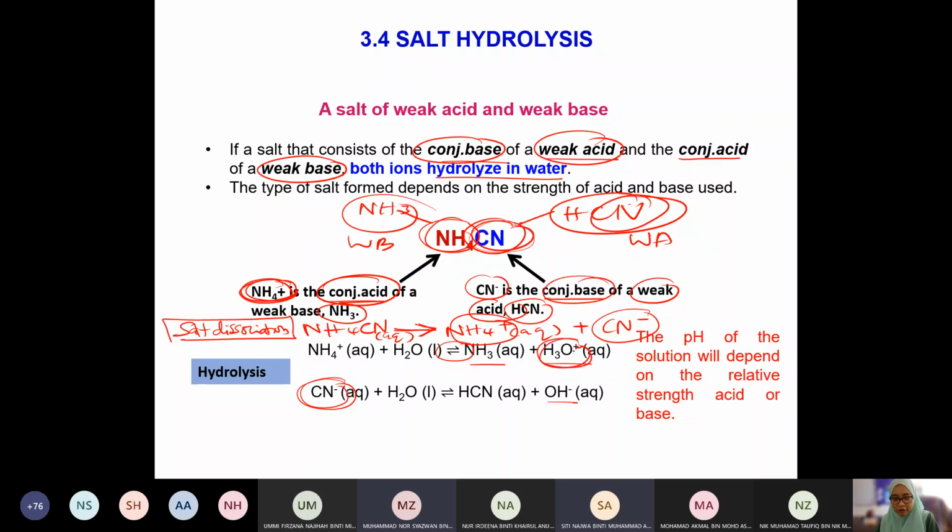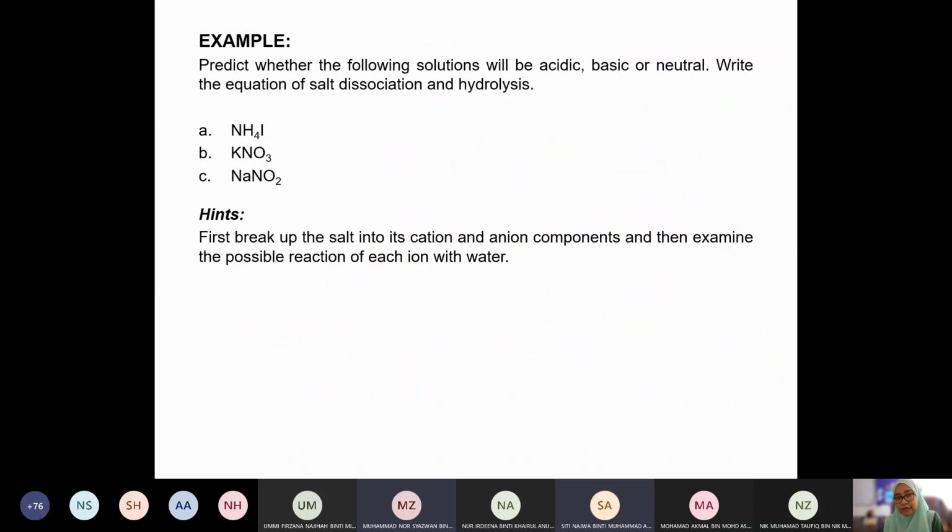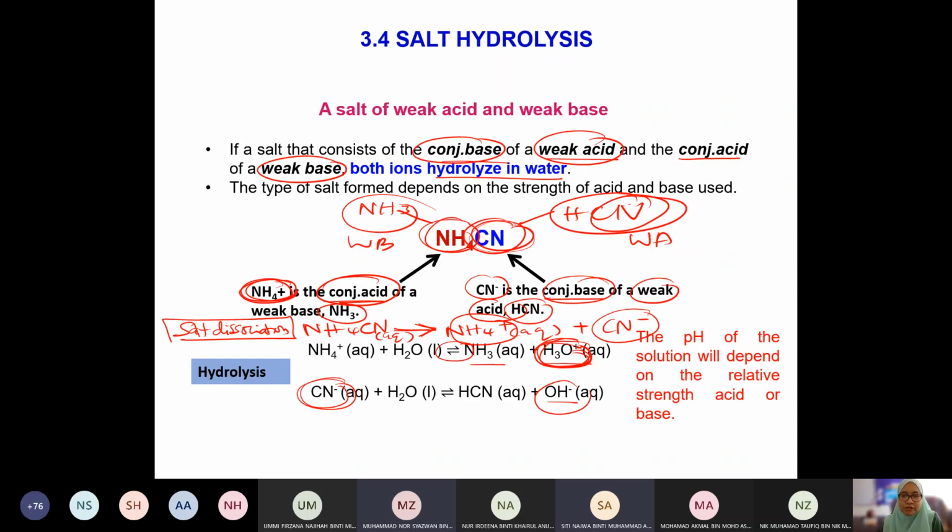There is a conflict. So how do we determine now whether it is acidic or basic? Because we have both of them, H3O+ and OH-. This is the part where we have to consider the Ka and the Kb value. As you can see, it's not provided. This is just to let you know the process if we have this type of salt between a weak acid and a weak base.